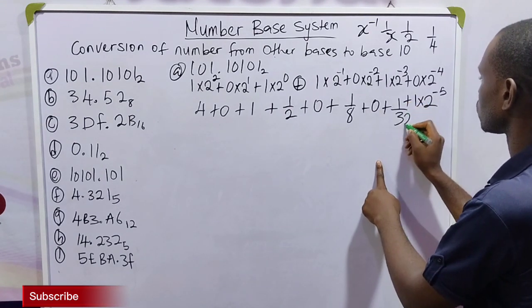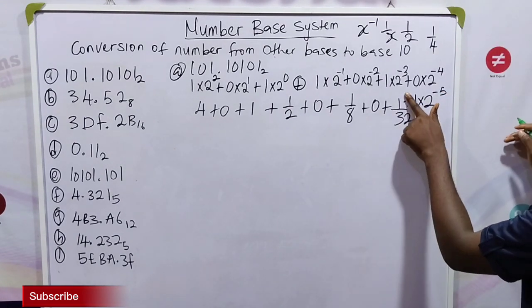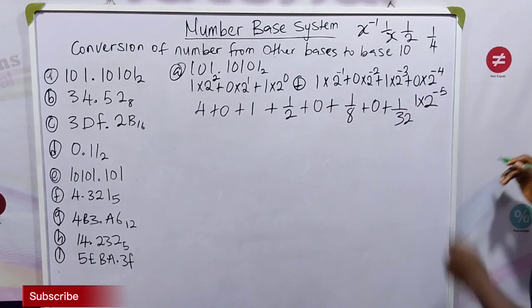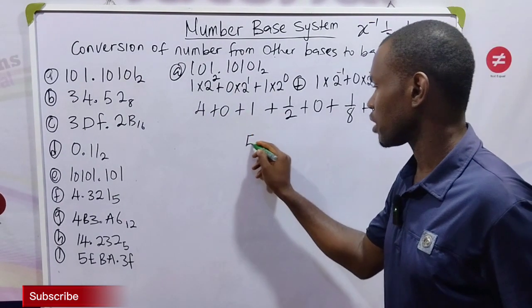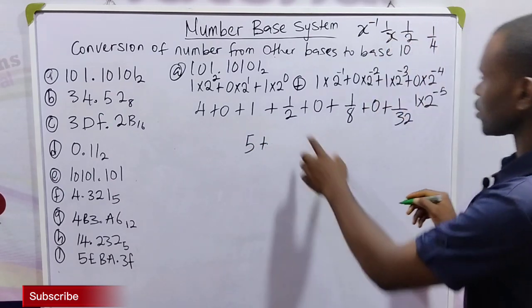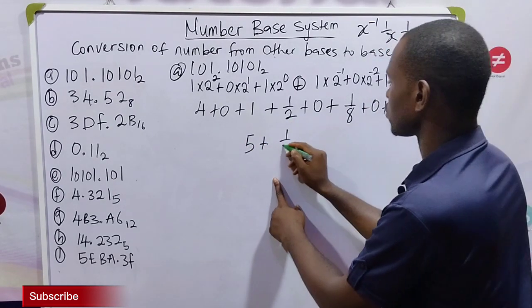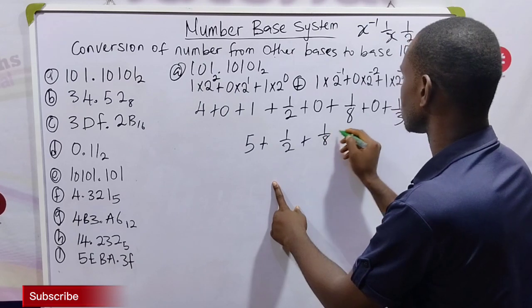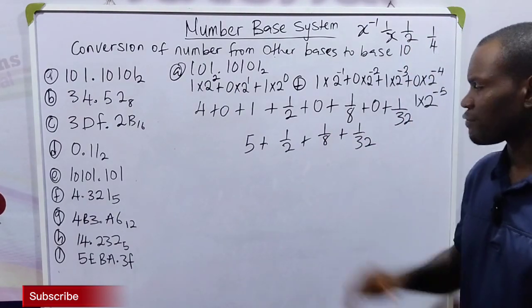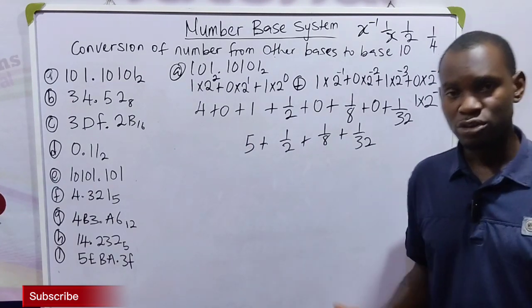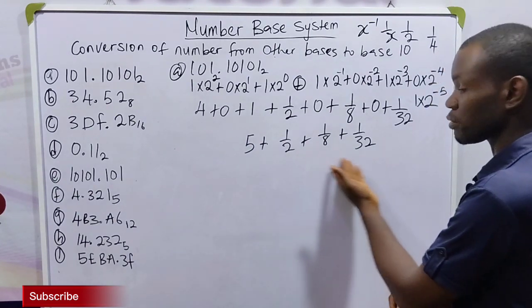So let me take out this so that we don't get confused. So let's simplify. 4 plus 1 will give us 5. So write 5 plus. Then over here, we have 1 over 2 plus 1 over 8 plus 1 over 32. Now, how do you simplify fractions? The normal way you solve fraction, that is how you want to simplify this.